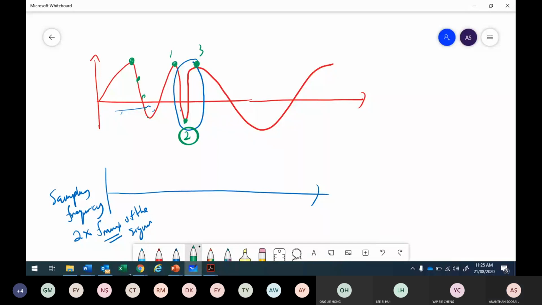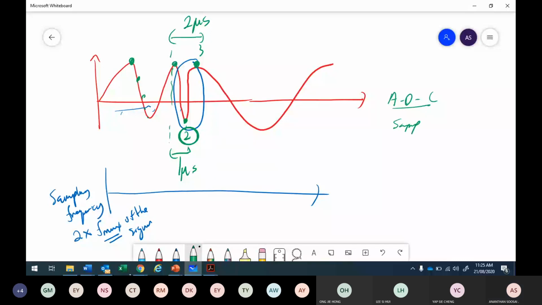Let's say 1 to 3 is separated by 2 microseconds, and 1 and 2 are separated by 1 microsecond.